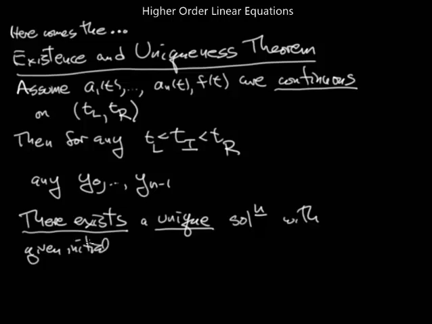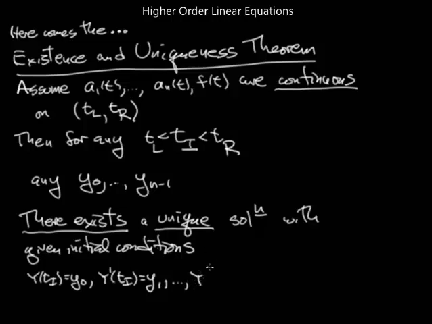That is to say, y of ti is y0 and y prime of ti is y1, and so on. Here are the initial conditions written out. And so that's the usual thing. There exists a unique solution sort of locally at the given point.